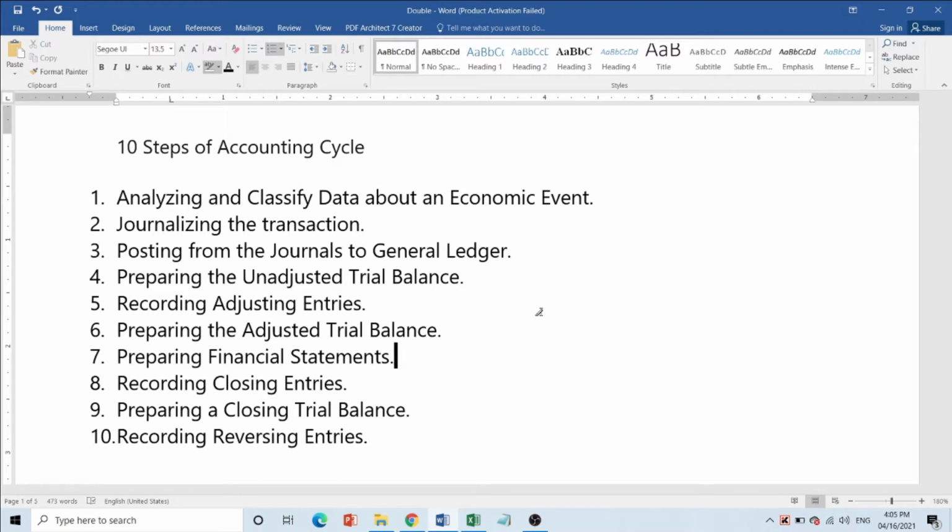So bakit ko po ito pinakita sa inyo? Just to share with you na yung i-discuss ko po ngayon ay isa sa steps dito sa accounting cycle at magpo-focus lang po tayo dito sa journalizing.